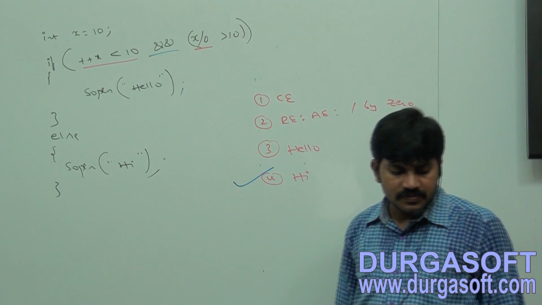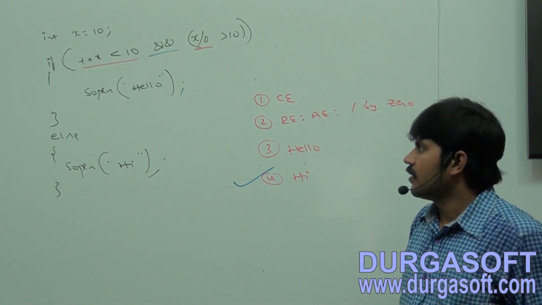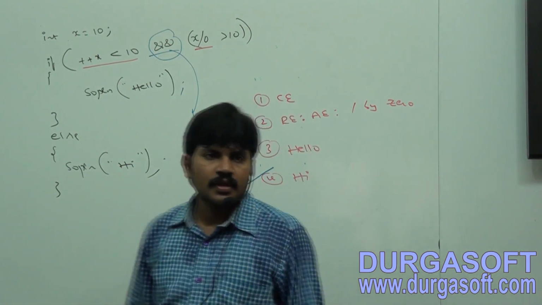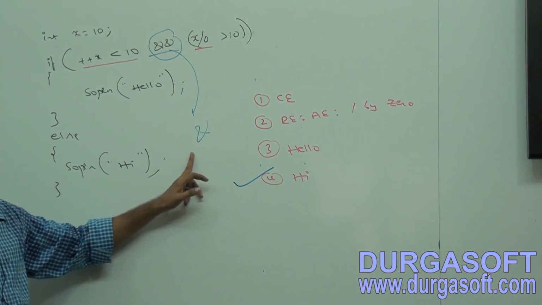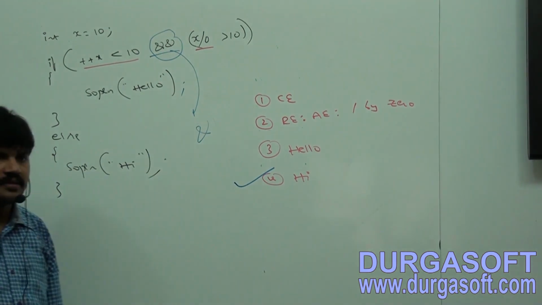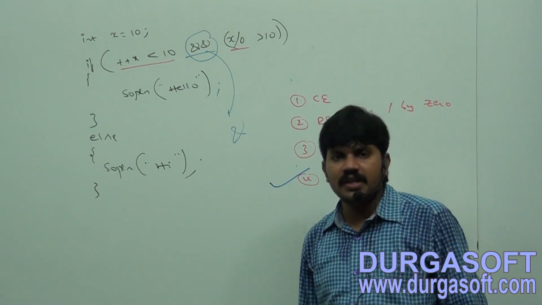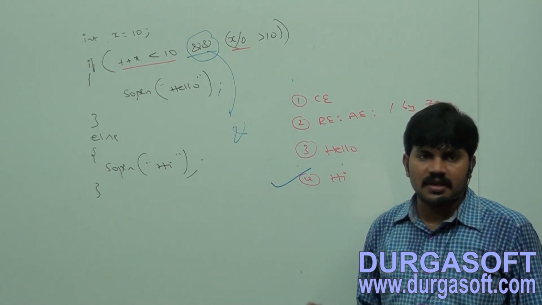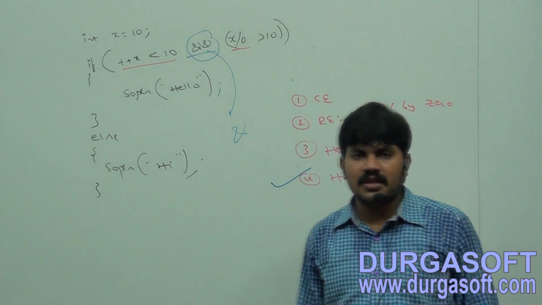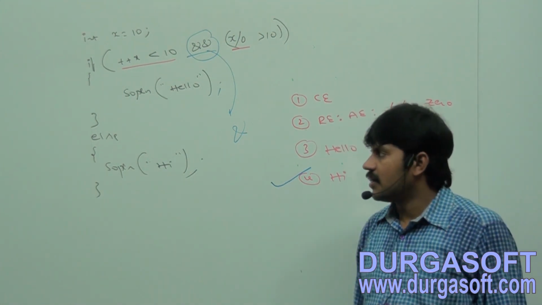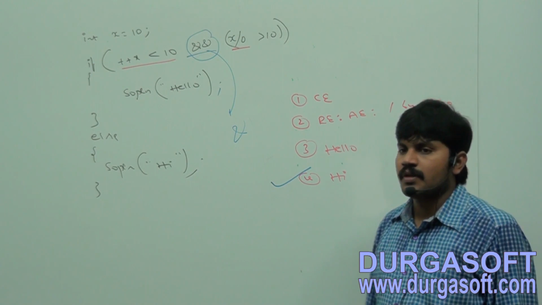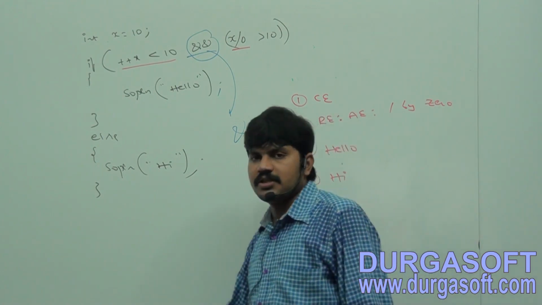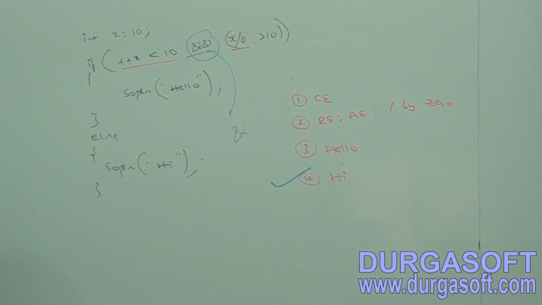If we replace the double AND with a single AND, then we will get a runtime exception saying arithmetic exception, division by 0.